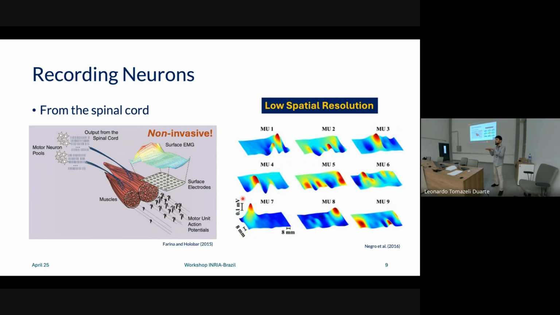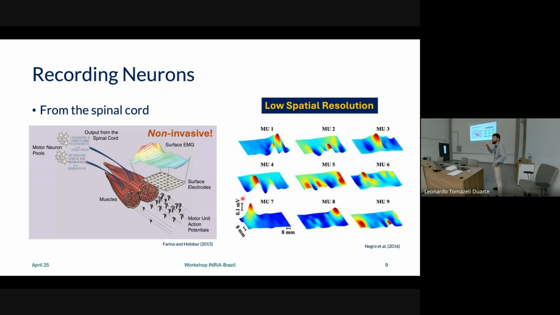But when we use recordings from the surface of the muscle or the skin on top of the muscle, we can get electropotentials traveling on the muscle tissue and the skin, and the information in these electrodes is quite spread over this spatial domain.